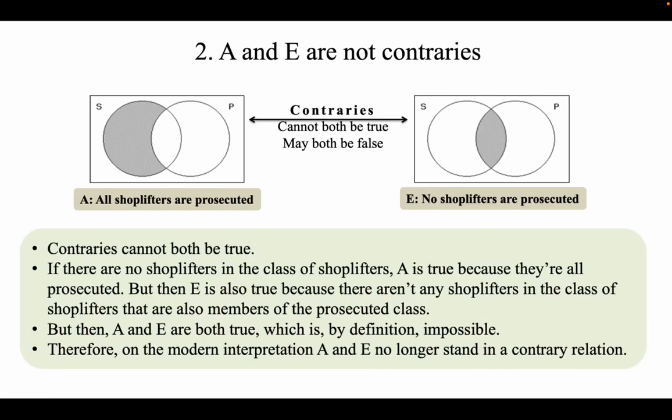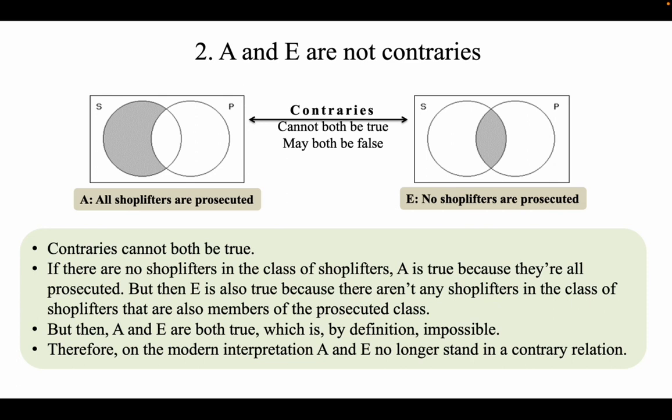However, see what happens with the relation between A and E. A and E, if you recall, are contraries according to the traditional interpretation. This meant that they cannot both be true, but they may both be false. However, if there are no shoplifters in the subject class, the class of shoplifters, A is true because they're all prosecuted. So if I say that all shoplifters are prosecuted, then A is true.